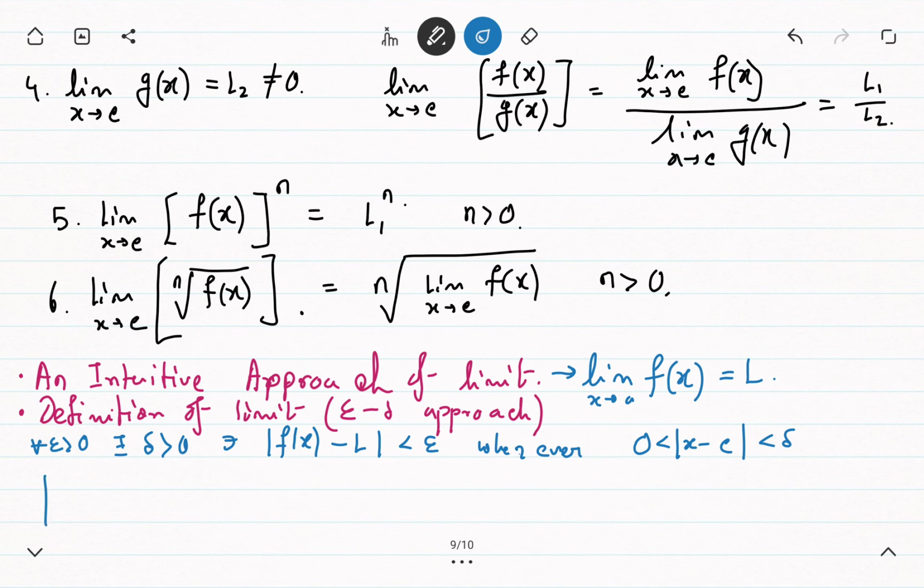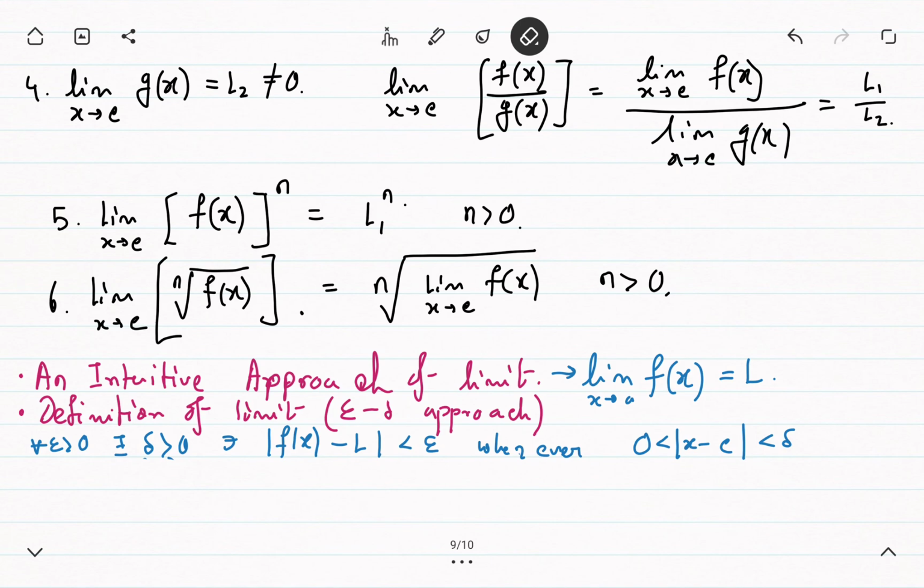So it was like this. This was the graph, y equals f of x, and we have seen this graph.